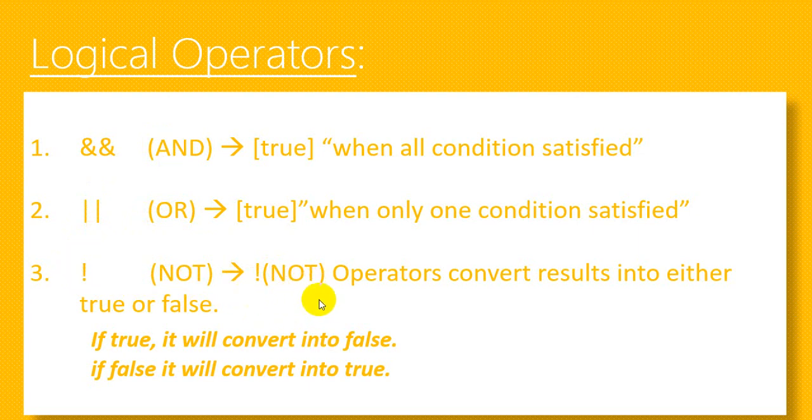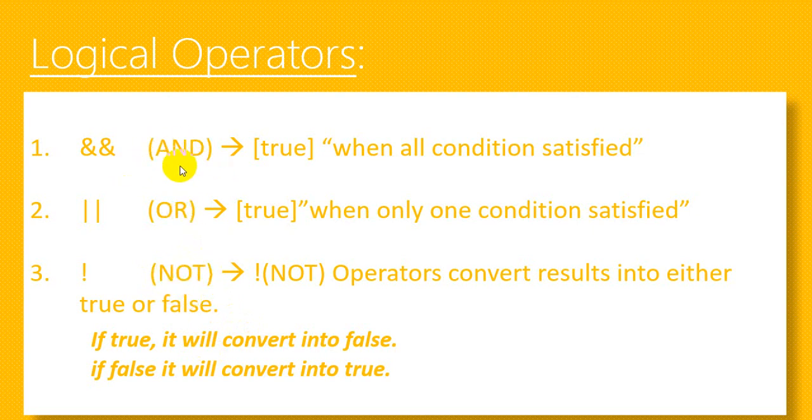It means if the condition is true and you use the NOT operator, it will convert it into false, and in the same way, if it is false it will convert into true. If you are not getting anything related to the NOT operator, don't worry. Once I start the practical or skill oriented program, I will show you how these operators work, in the same lecture.